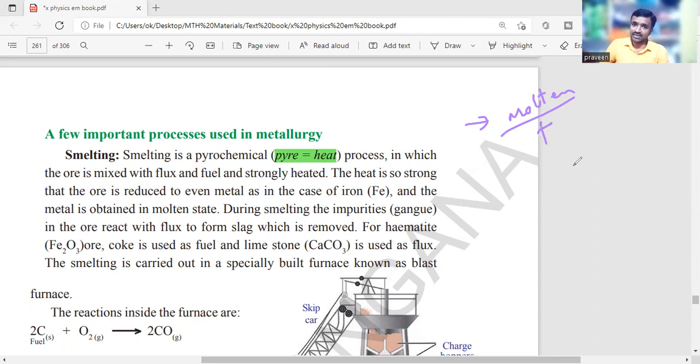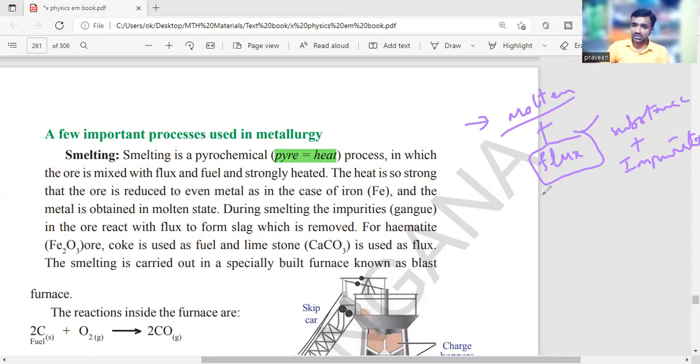So after obtaining the molten state, we add flux. What is flux? Flux is a substance which combines with the impurities. It can react only with the impurities, so based on the impurities you select the flux.